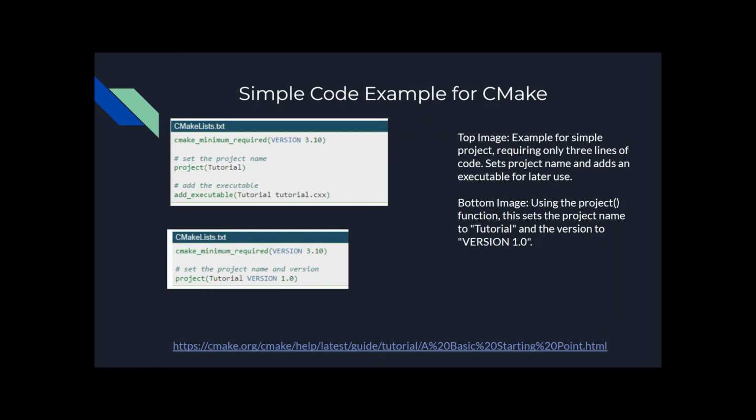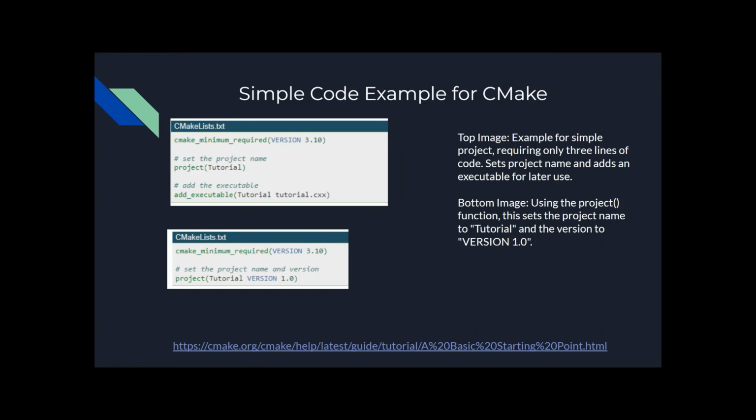Like I just explained, on the top image we have cmake_minimum_required VERSION 3.10. Then after that we have project(Tutorial). That sets our project name, and then we add the executable with add_executable(Tutorial tutorial.cxx). Second image, cmake_minimum_required VERSION 3.10, just like the previous image.